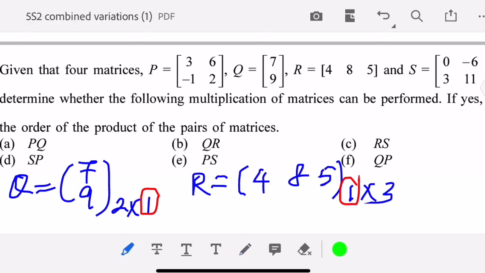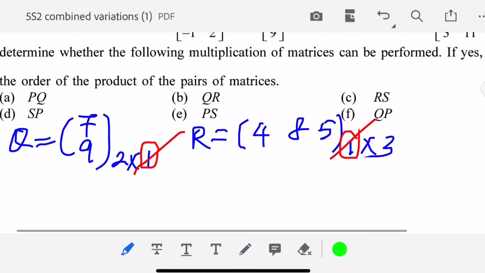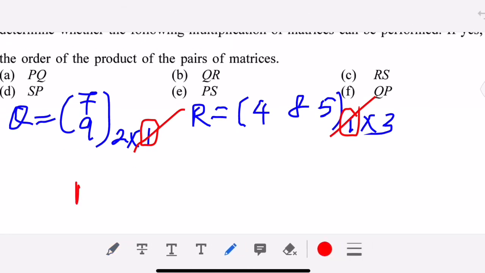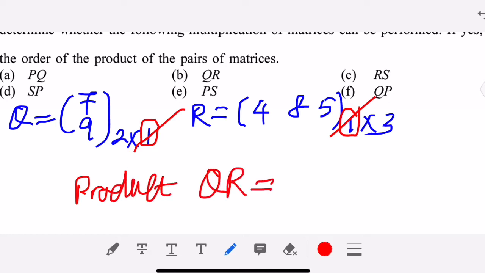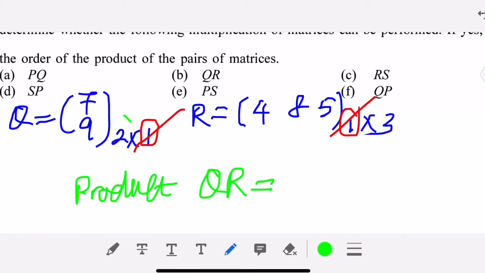It seems like they are the same, so we cancel out and find the remaining order of the product. The order of the product QR is 2 by 3. We say by, not times. For B, yes, it's 2 by 3.